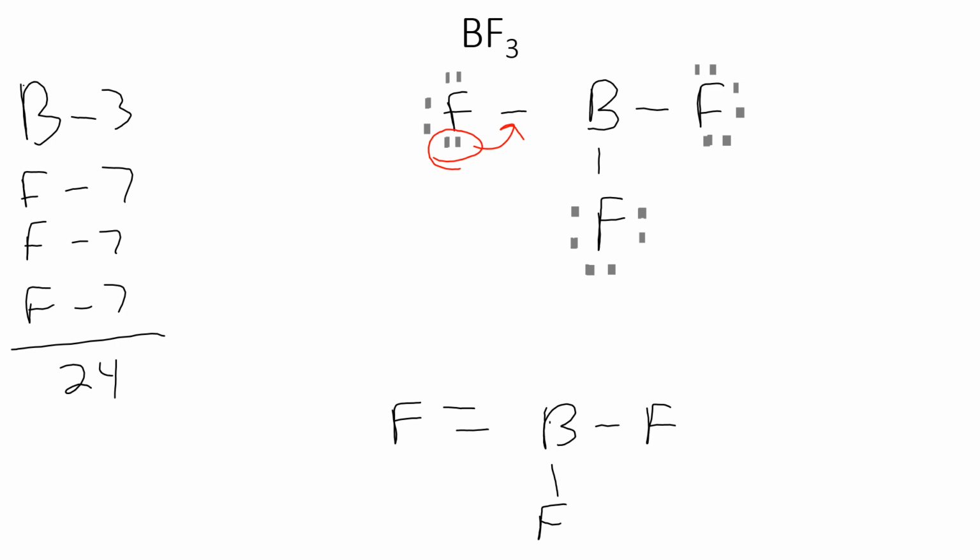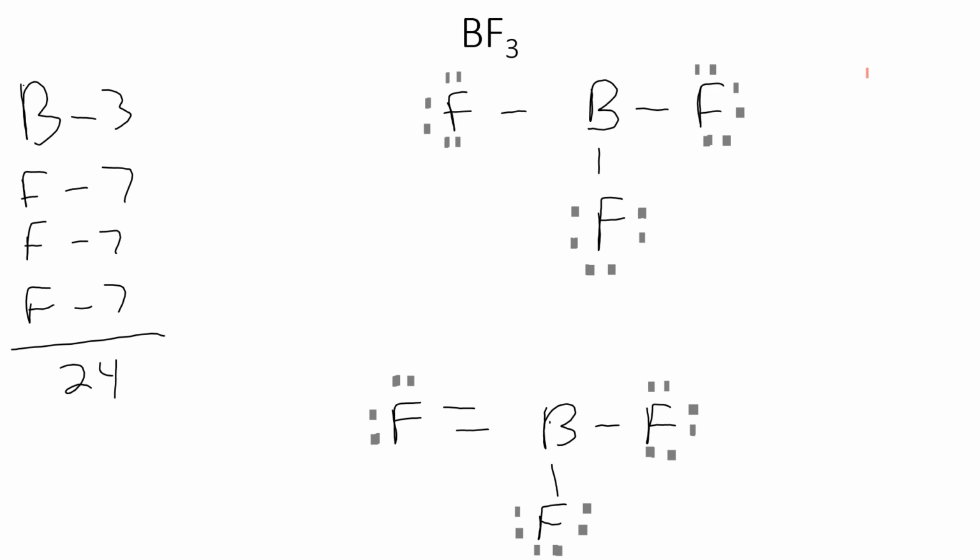And now I make my lone pairs. I only have 2 on the fluorine on the left, the fluorine on the bottom would still have three, and the fluorine on the right would still have 3. So you'd have these 2 competing structures that you would be analyzing.